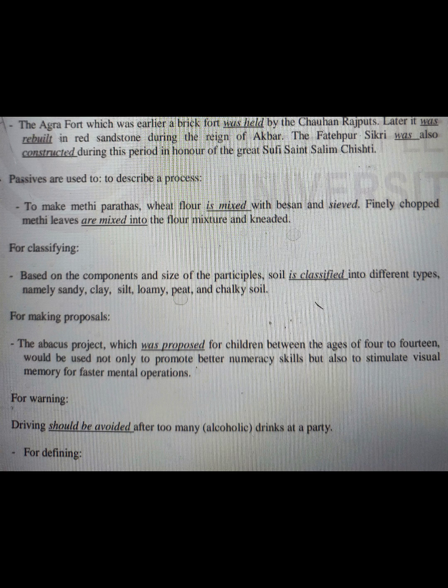For making proposals, the Abacus project, which was proposed for children between the ages of 4 to 14, would be used not only to promote better numeracy skills but also to stimulate visual memory for faster mental operations. Forewarning: driving should be avoided after too many alcoholic drinks at a party. For defining, a delta, or an area of low flat fertile land, is shaped like a triangle.